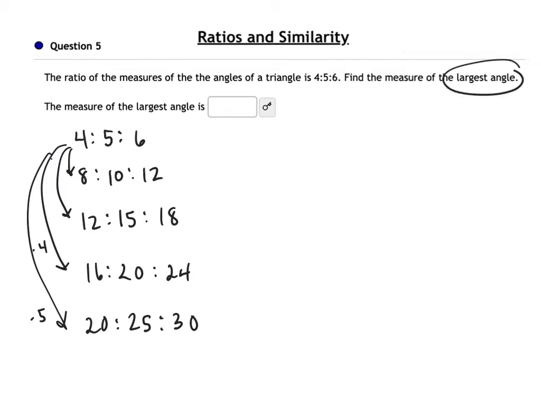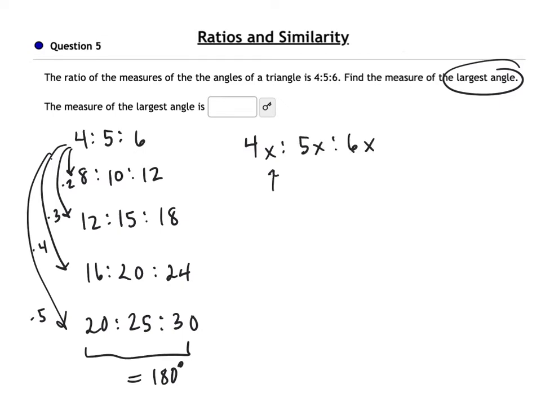Remember, they're angles in a triangle. What I want is for these things to all equal 180 degrees. We call that multiplier x. So our ratio is going to be 4x to 5x to 6x.